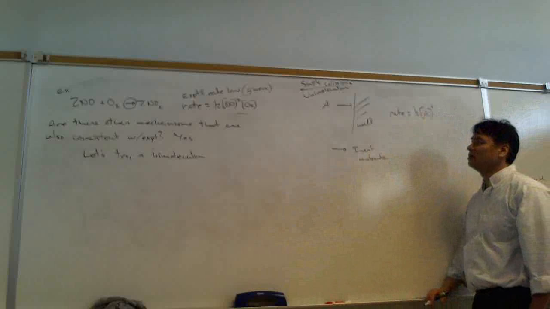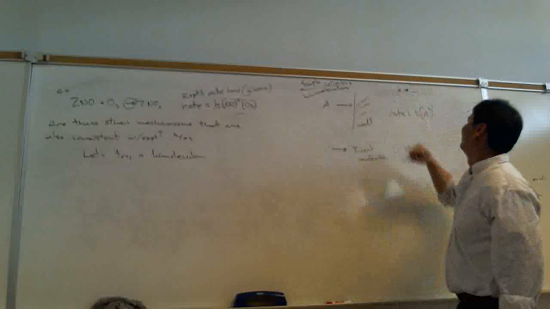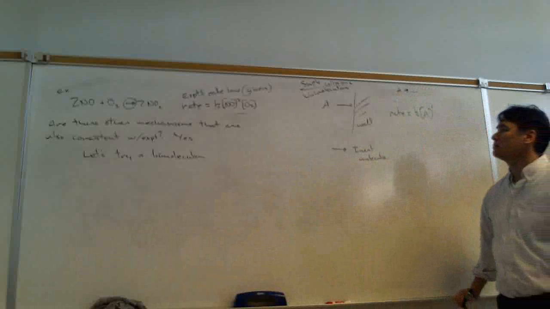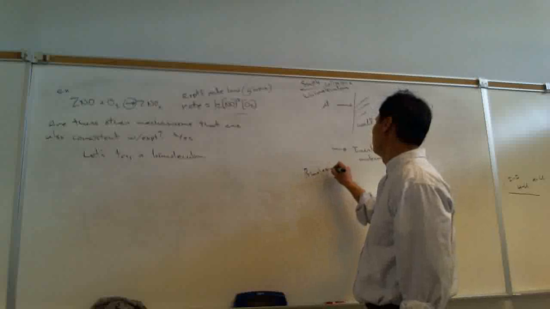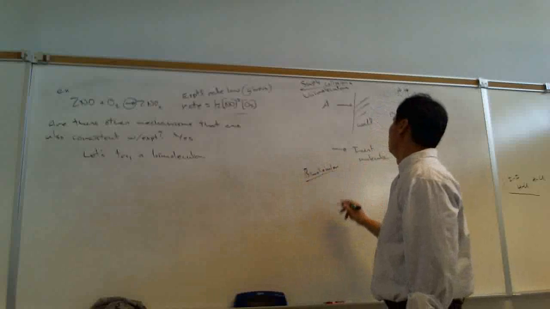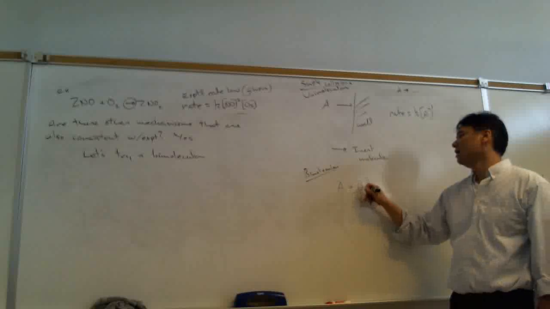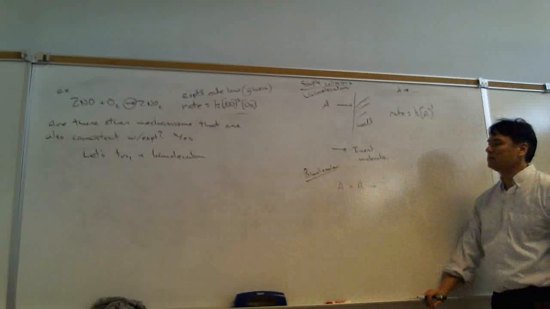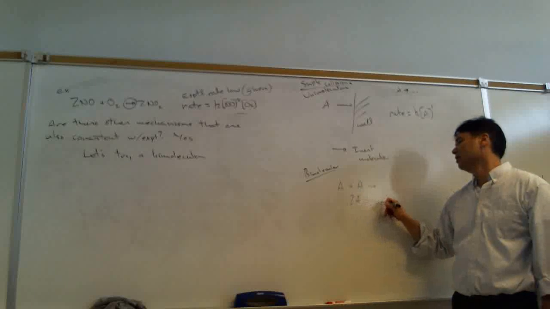So this is going to be first order in A. Unimolecular is just first order. Bimolecular involves two molecules. In a bimolecular collision, we'd need an A colliding with an A, and this would go to something. In other words, we have 2A goes to whatever.